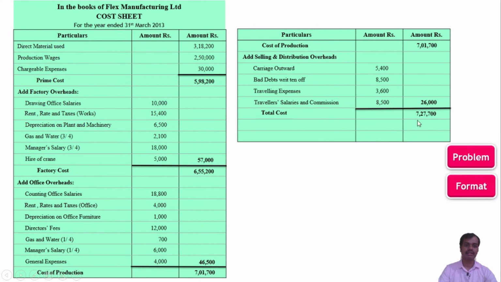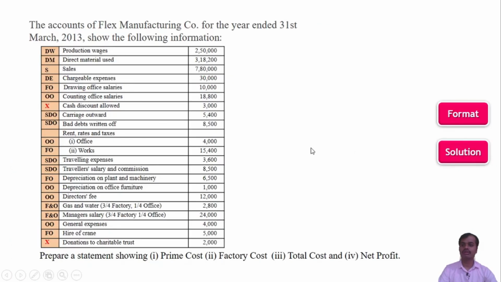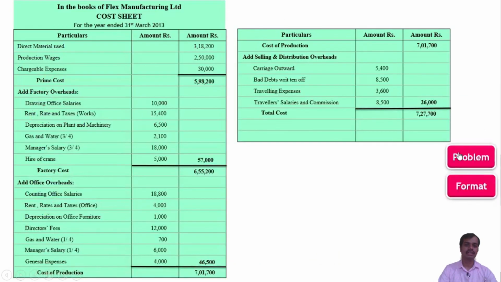The total cost is 7,27,700. And in the problem we have the sales amount. The sales amount is 7,80,000. We will write sales amount 7,80,000. After writing it, we will compare the sales amount and total cost amount.